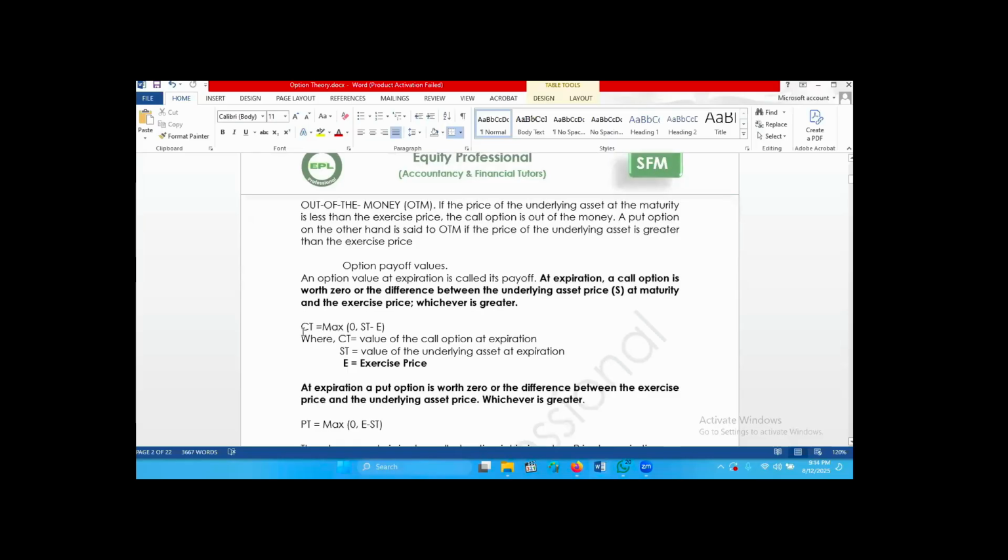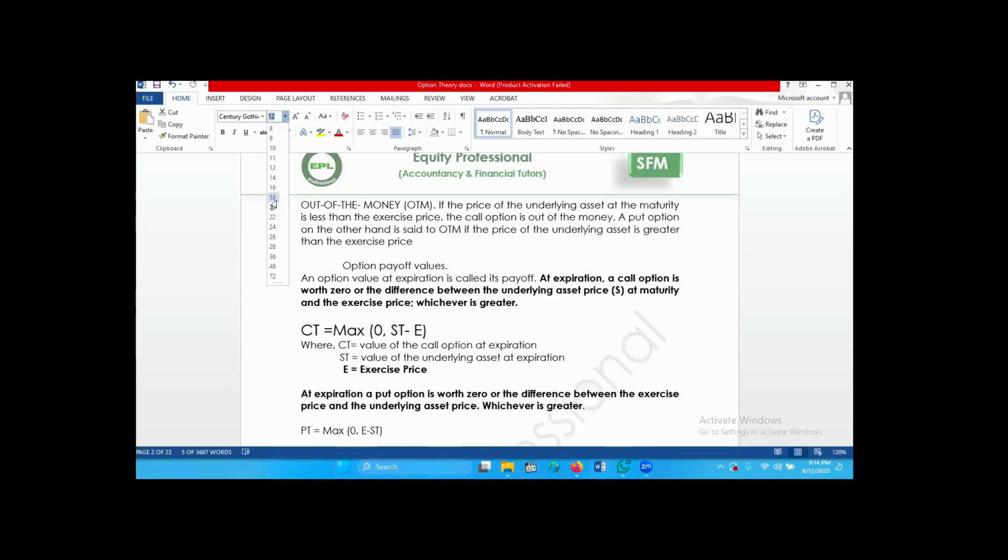Look at this, please. Call option at maturity is equal to maximum of 0, comma, ST minus E. This is the equation for call option payoff.